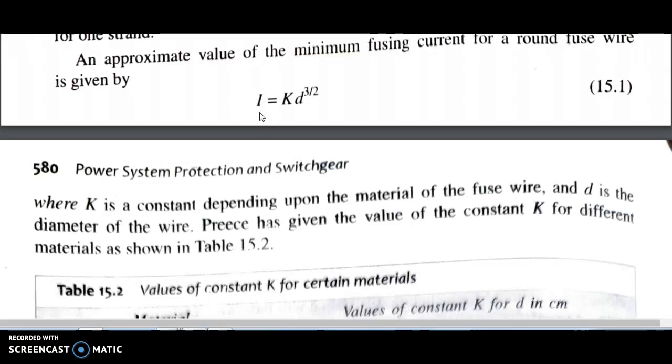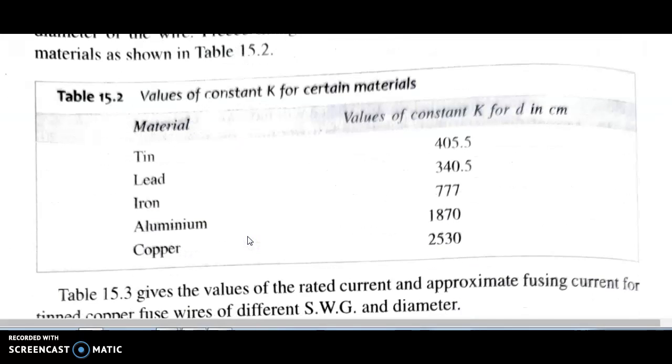For example, the typical values of fusing current for standard fuse wires having 2, 3, 4 up to 7 strands, meaning a bundle of 2 cables, 3 cables, 4 cables. The approximate value of minimum fusing current is I = kd^(3/2). This is your approximate value of the fusing current. In the table they have mentioned the values of k and d in centimeters.